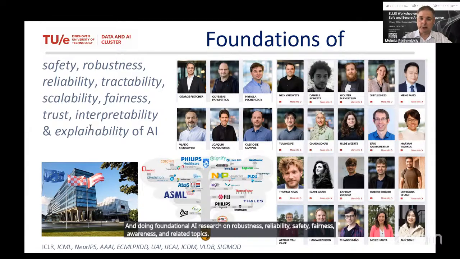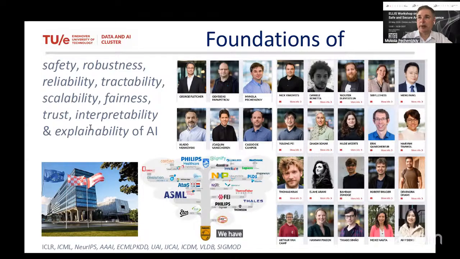We collaborate a lot with industry, locally in Eindhoven, like Philips, ASML, and many other companies, and of course internationally too. We have 20 plus faculty members in several sub areas of safe AI and many PhDs and postdocs. We go to the next slide.